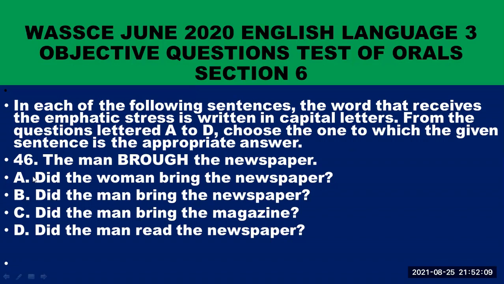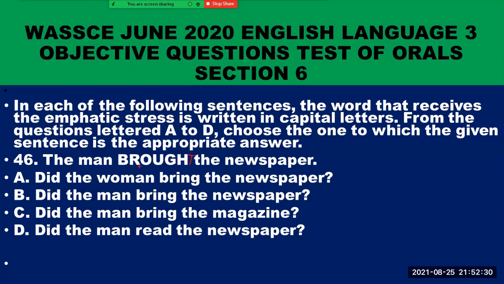Now, let's look at question 46 for illustration. The man BROUGHT the newspaper. The "t" is missing here, so let's put it. Now, the stress is on "brought".